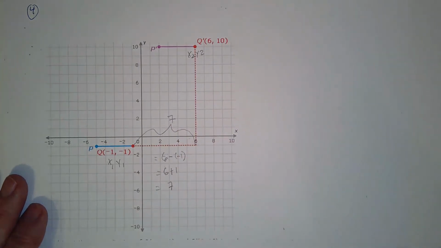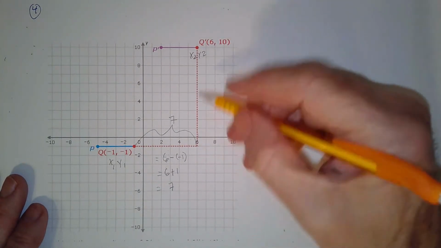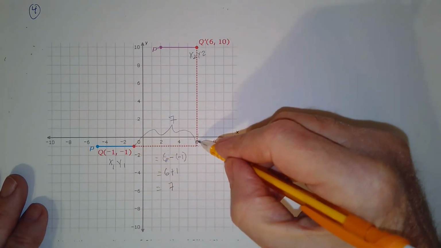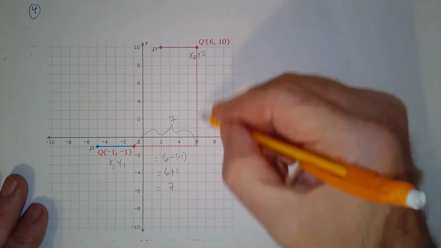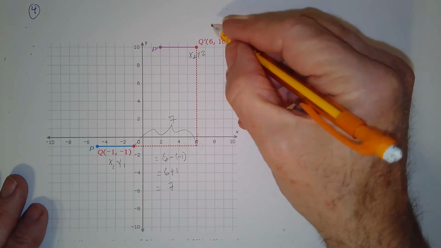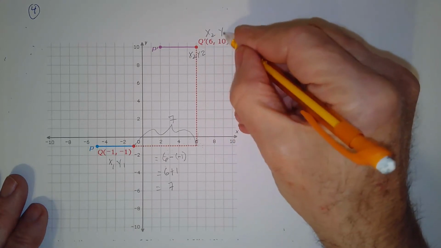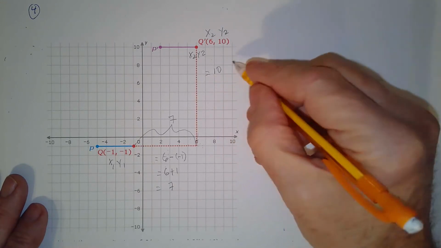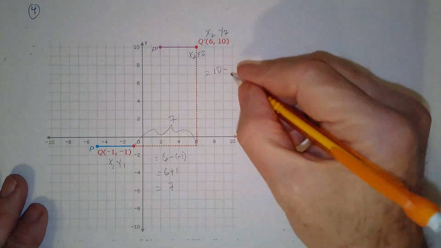So that works. Okay. Now up here, we're going from where Y is -1. Okay, this is -1. And that's the Y1. And Y2 is up here at 10. So this is X2, Y2. And so we're going to take 10 and subtract -1.